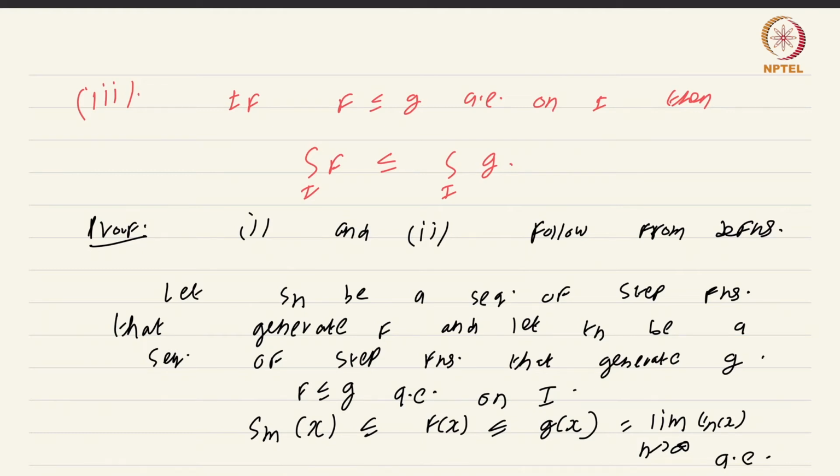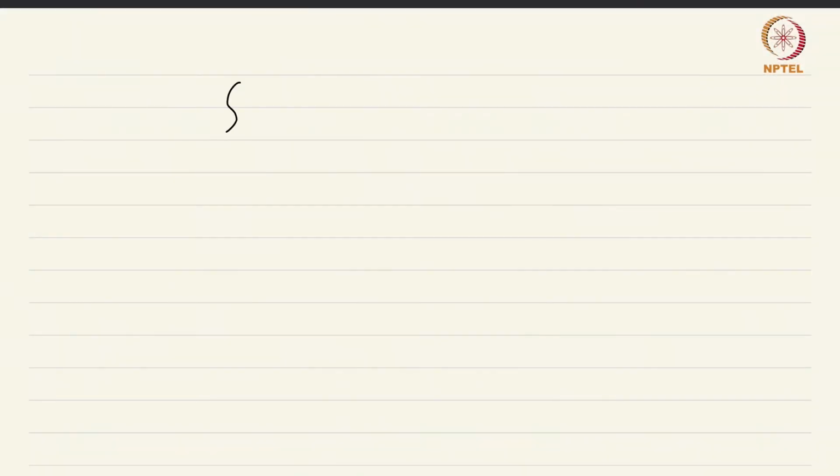Okay, now that means from the previous theorem, the big theorem about what happens if a sequence of step functions converges to a function f: if you take any other step function that is less than or equal to that function, then we definitely have that the integral over I of Sm is less than or equal to the limit as n goes to infinity of the integral over I of Tn, which is equal to the integral over I of g.